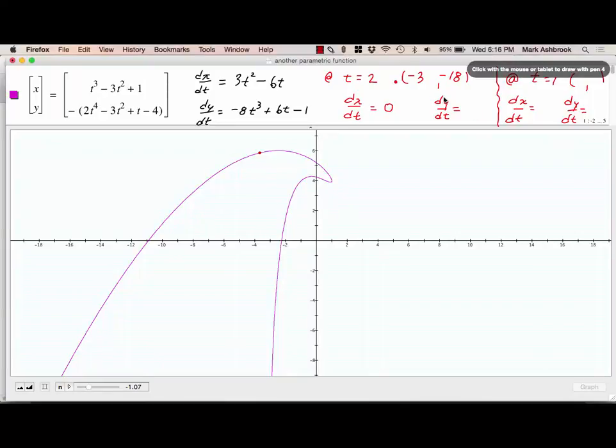Oh, my bad. I meant negative 2. T equals negative 2. These numbers weren't making sense. Sorry. Do what I mean, not what I say. I was showing you down here, right, where it was negative 2. So the point is negative 19, negative 16.